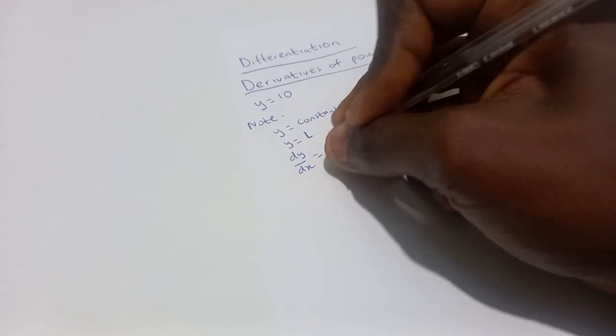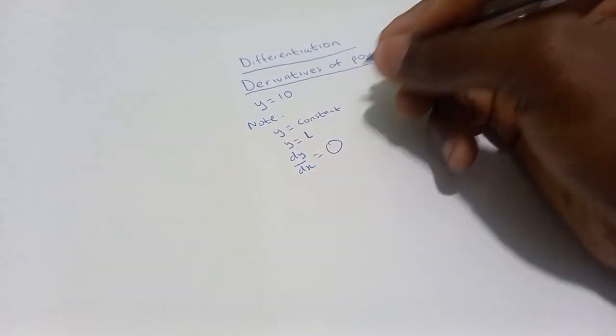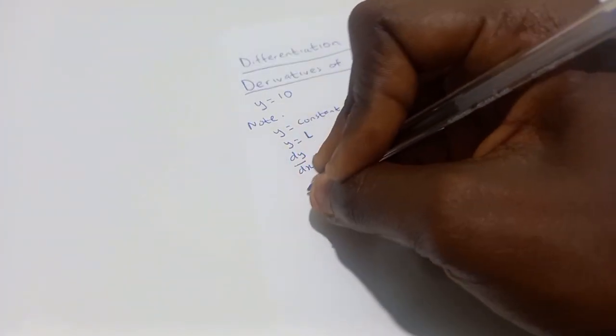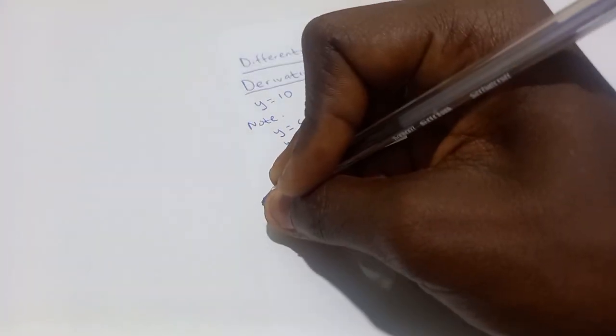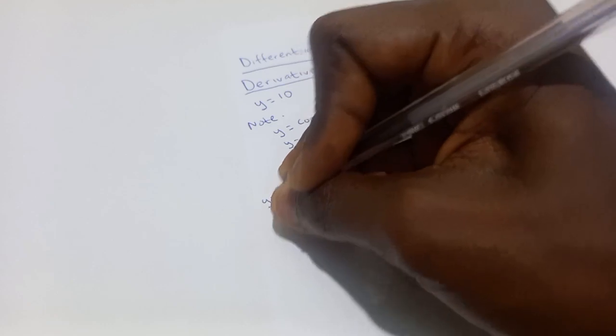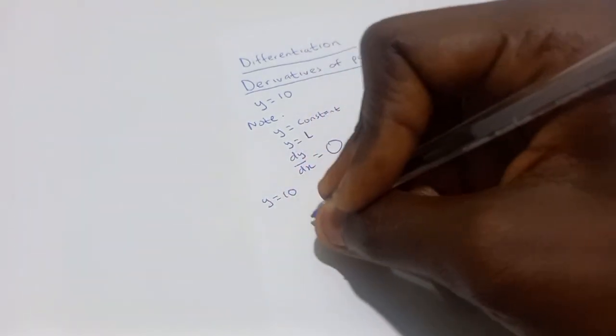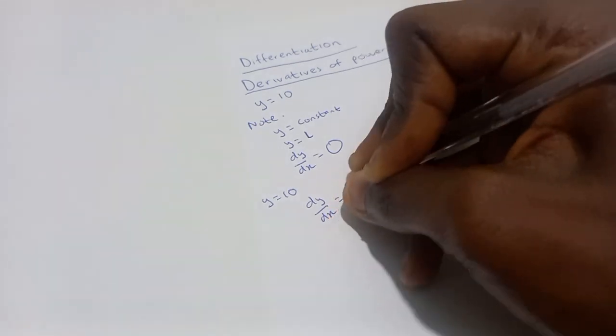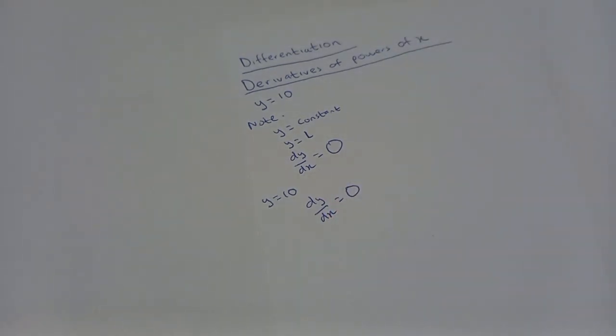You have this to be 0, no matter how big the number is. Are you getting it? You have it to be 0. So you have this back to the question, dy/dx is equal to 7. Are you getting it? So this is rule number 1.